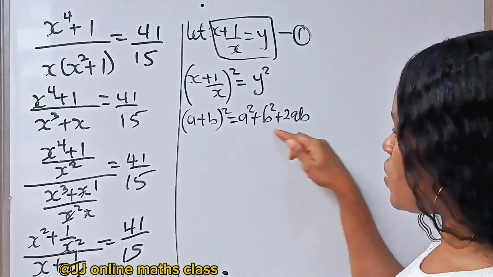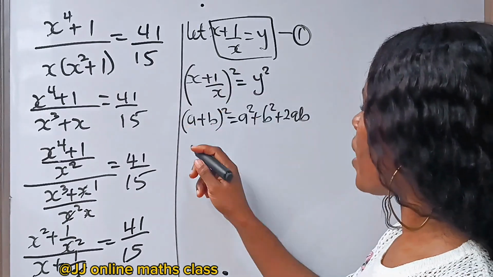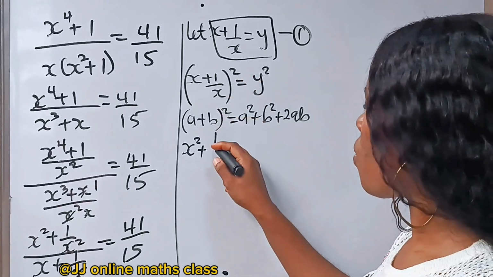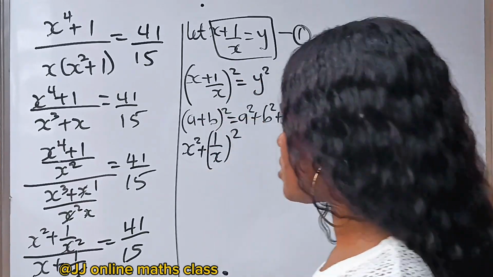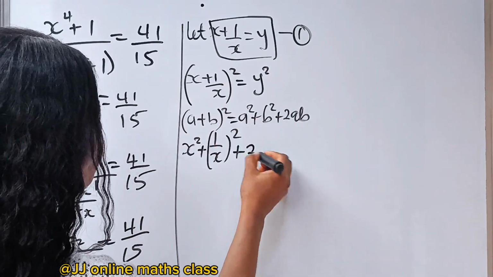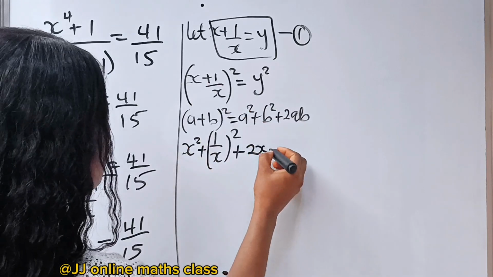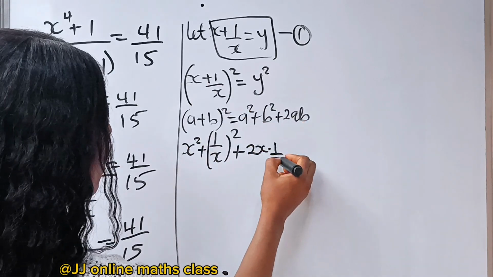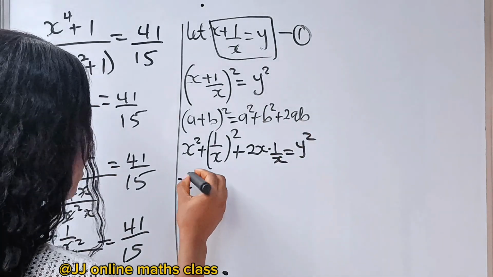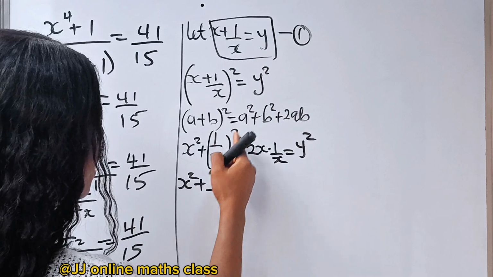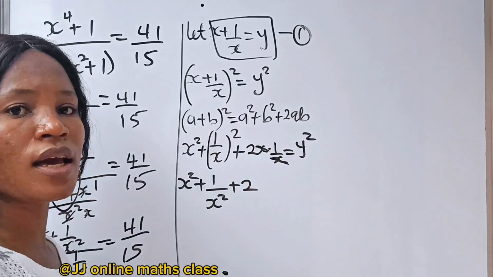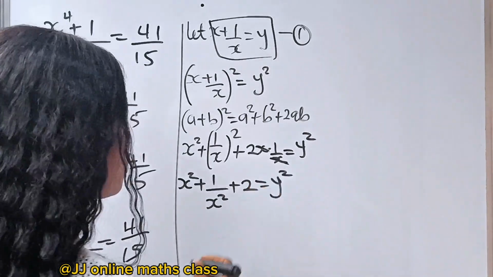Substituting, we have x squared plus 1 over x squared, plus 2 multiplied by x, also multiplied by 1 over x, is equal to y squared.